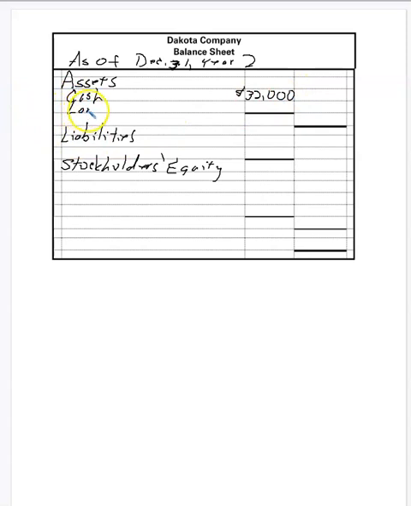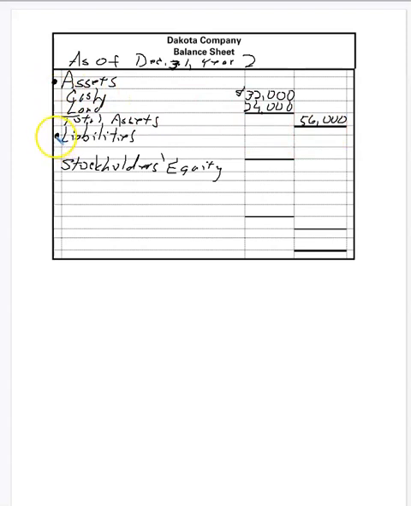Land had a balance of 24. And I'm going to add those up, take it over to the right, 56,000. And I'll have total assets of 56,000. So we have our assets.